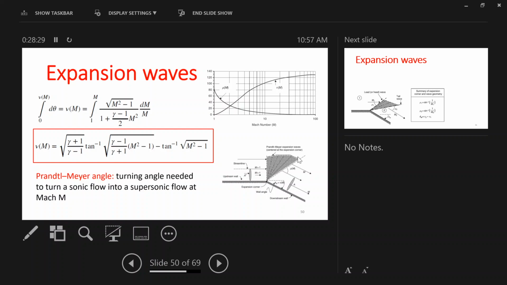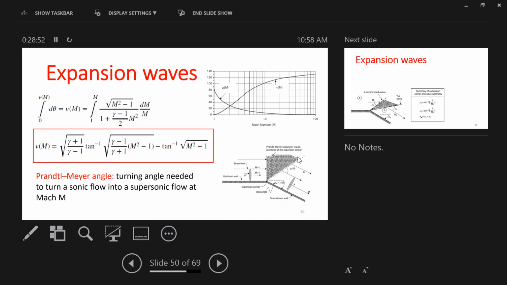Your theta is going to be equal to the angle we calculate here. So you want to have a supersonic condition after the expansion wave, and you're approaching this at a sonic condition, okay? The theta of wall, that expansion angle, is going to be equal to your Prandtl-Meyer angle.